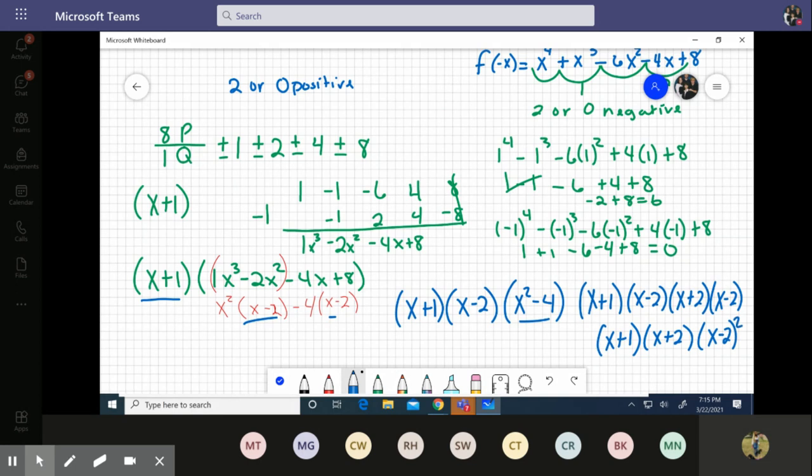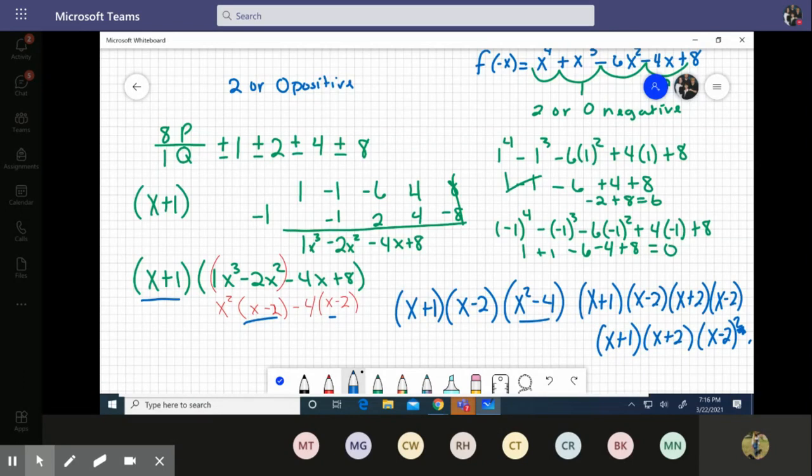What's my graph going to do at -1? Cross the x-axis. And at -2? Cross it. But what about at +2? Also cross it. Multiplicity of 2. If you have that multiplicity of 2, you're going to touch and go back.